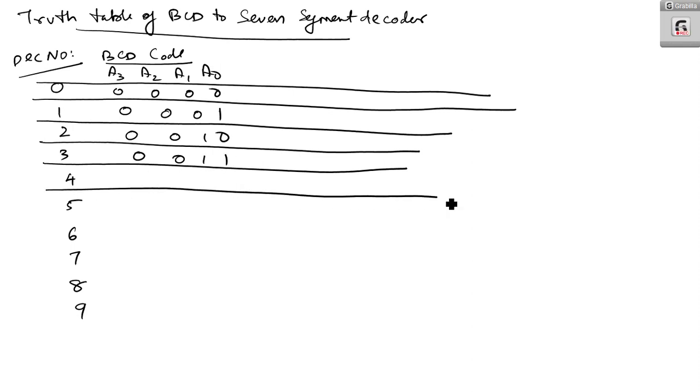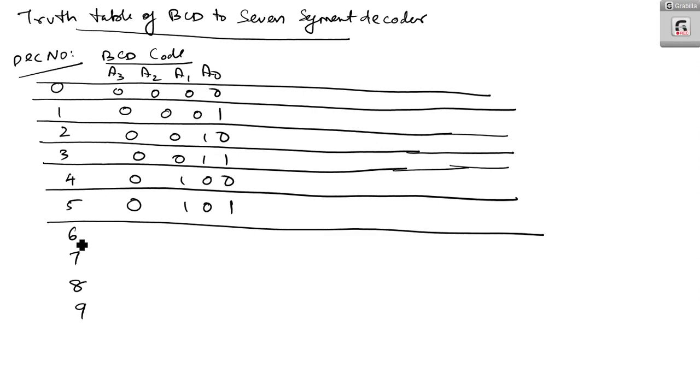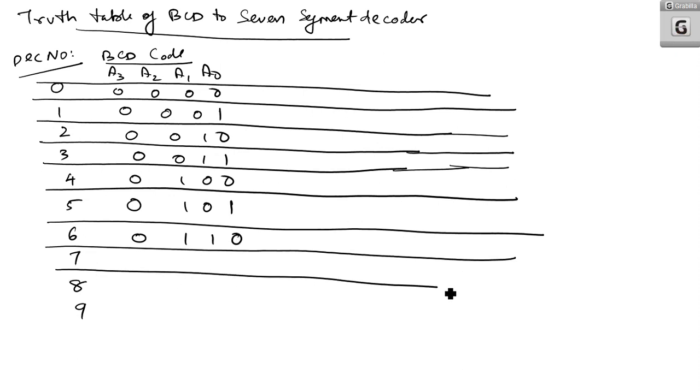At 4 we have 0, 1, 0, 0. At 5, 0, 1, 0, 1. At 6 you have 0, 1, 1, 0. At 7 the value is 0, 1, 1, 1.